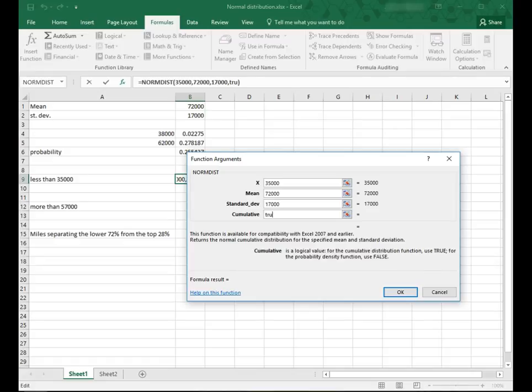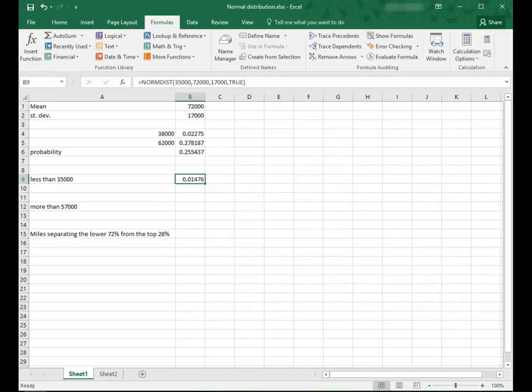And we still would like that true statement because we want the cumulative probability up to 35,000. We get an answer of 0.01. So that is the percentage of trucks that will travel less than 35,000 miles in the year.